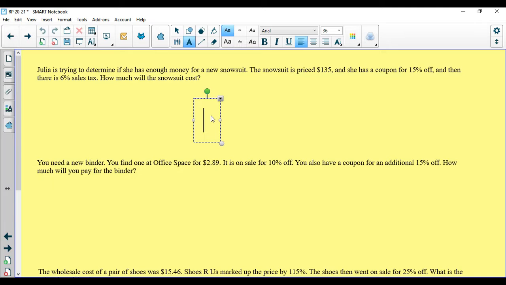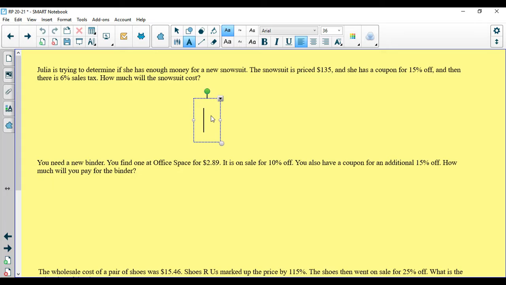The snowsuit is priced $135. She has a coupon for 15% off, and then there is 6% sales tax. How much will the snowsuit cost? So the common error that I see here is that students try to lump all of the percents together into one calculation.